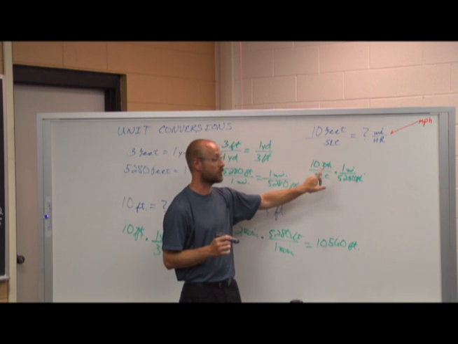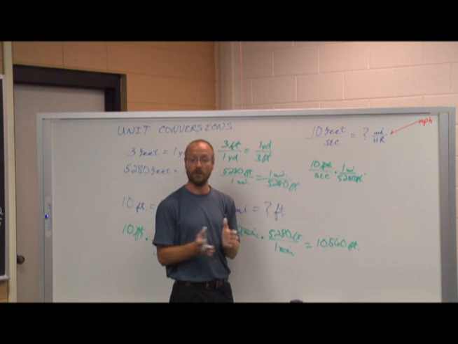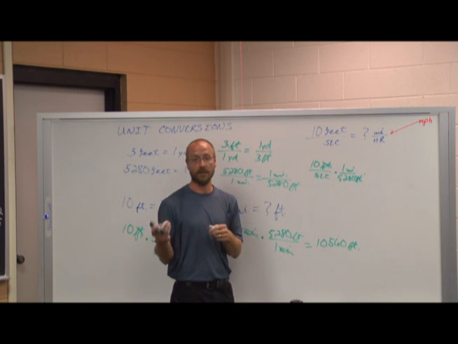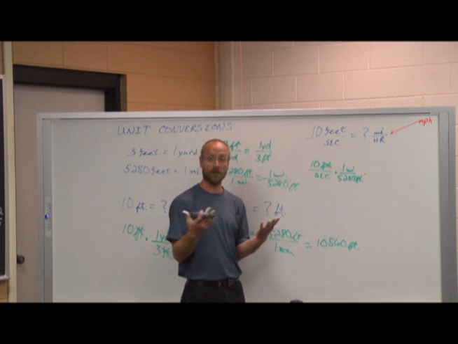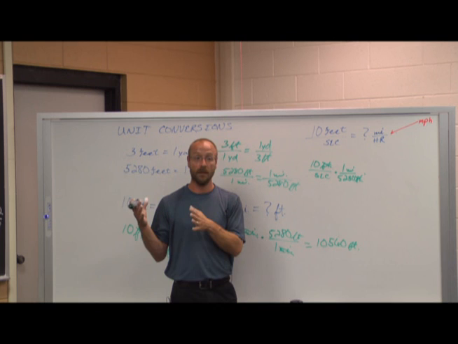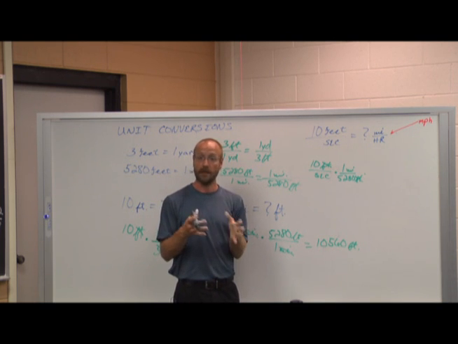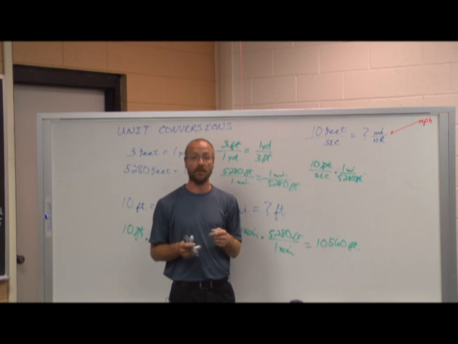Well, I need seconds to be hours. Well, you can do this a number of different ways. You can say, well, if there are 60 seconds in a minute and 60 minutes in an hour, this is dimensional analysis. We can look at it and say unit conversion. I'm converting seconds to minutes. And then I can convert minutes to hours. Maybe you want to combine it into one step and say 60 times 60 is 3,600.